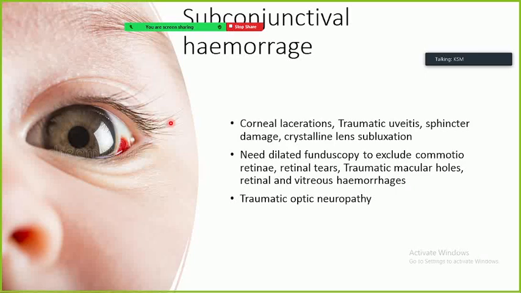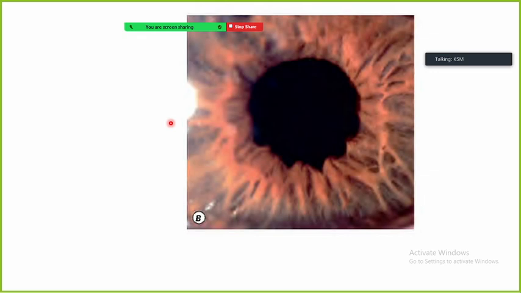What happens in traumatic optic neuropathy, the optic nerve comes through the optic canal, and that trauma will cut off the blood supply, and the optic nerve will be permanently damaged. So all these things have to be seen, thought of, and recorded, because these can be medico-legal cases as well.